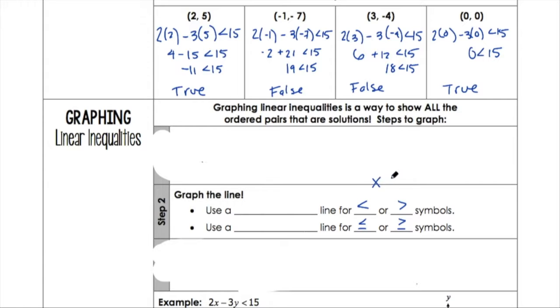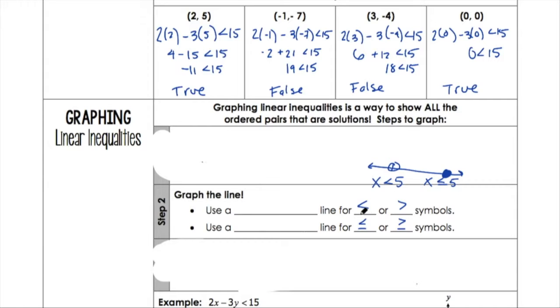So if we said x is less than 5, 5 is not an answer. But if we said x is less than or equal to 5, well, then 5 is an answer to that inequality. Just like on number lines, the less than 5 would be an open circle, but a less than or equal to 5 would be a closed-in circle.